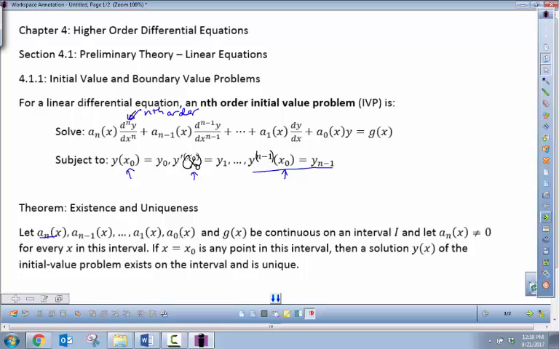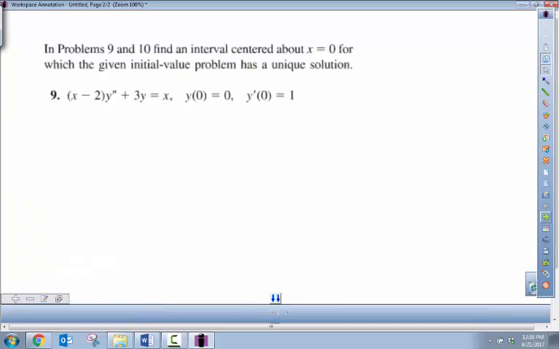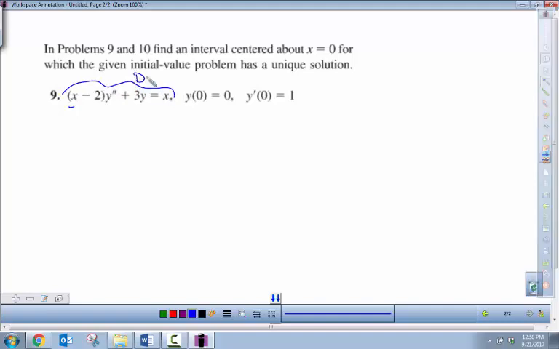Okay. Then you're guaranteed a solution, and the solution is going to be unique. So here we have our differential equation, our DE, and then these two are our initial conditions that make the IVP, initial value problem.